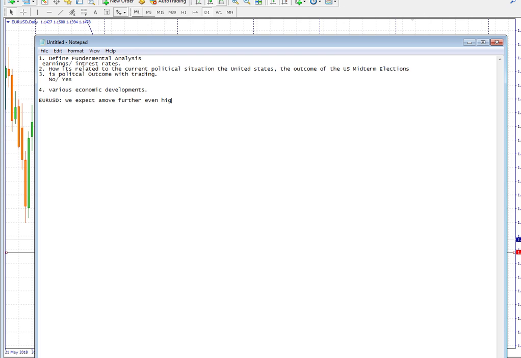So what we want to do now is simple. We want to check other pairs, how this news actually affected other pairs. We see if we have any other trade or any other clear indication, and we'll start off with the GBP USD, and then we also look at Euro GBP.